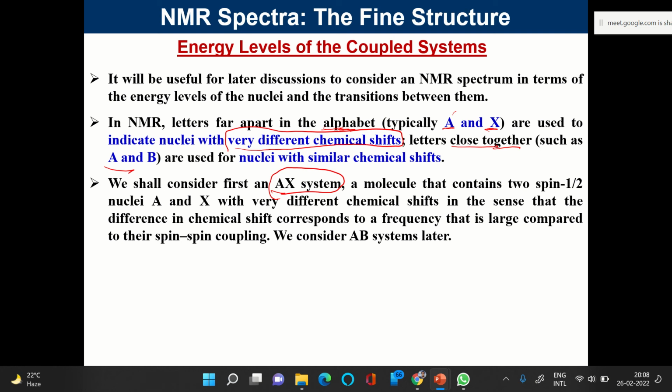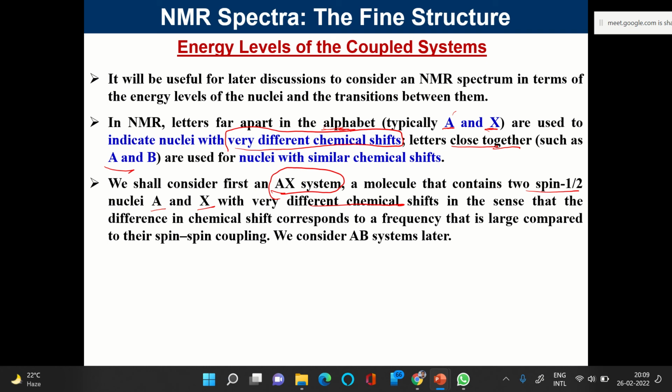So we are talking about half-spin nuclei, like the proton, which is a half spin. If we stick to that system, there are two nuclei, A and X, with very different chemical shift values.